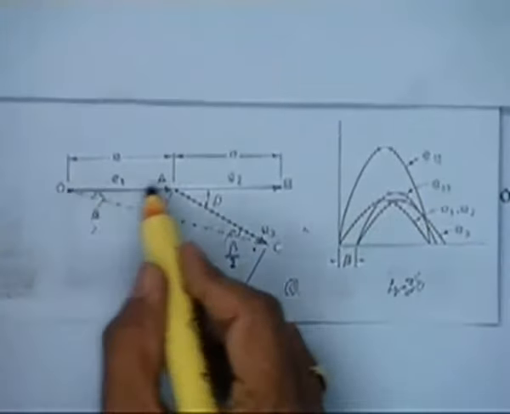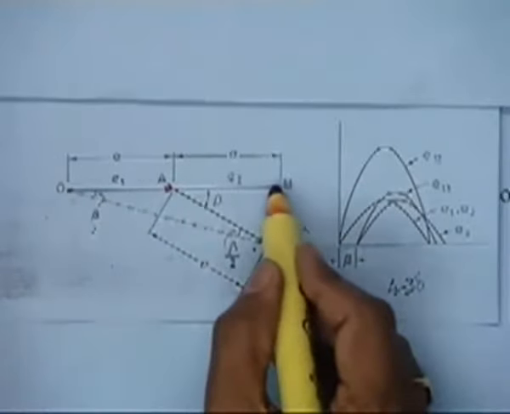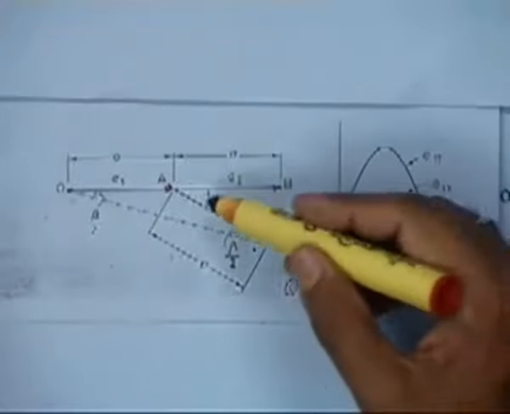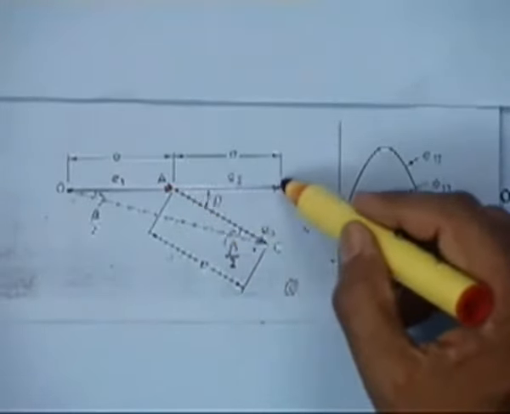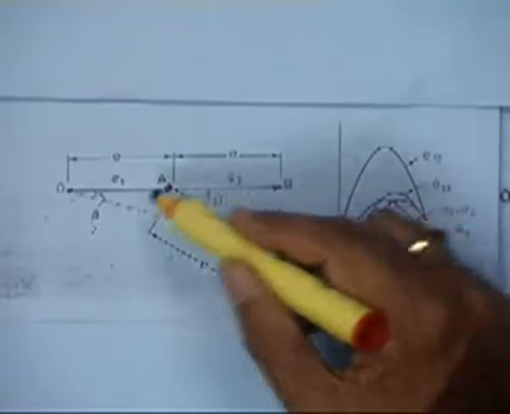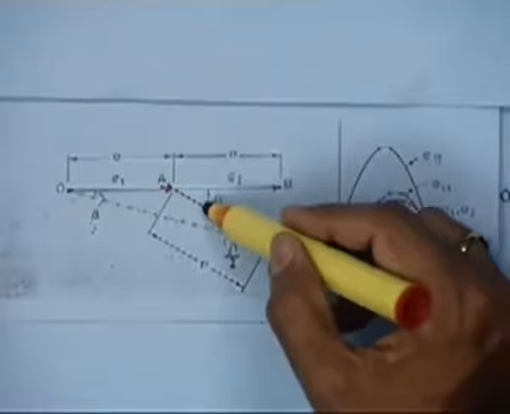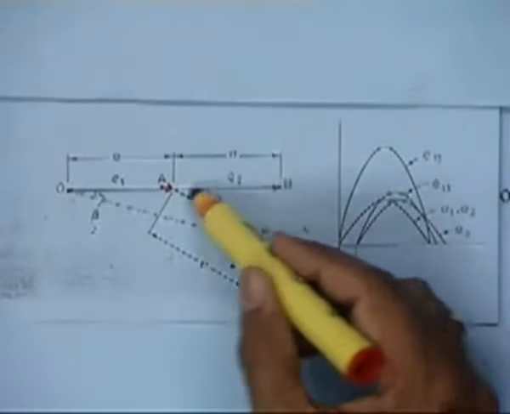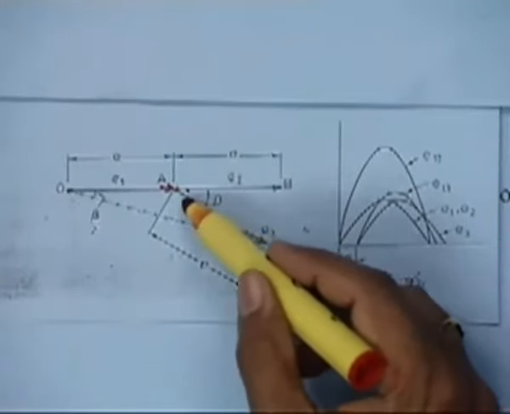In a full pitch coil, if this is E, the other one is also in the same phase, so the total voltage E12 will be twice E. Whereas in the case of the short pitch coil, the second coil side will not be in the same phase as the first coil side. It will be phase shifted by an angle beta. So E3 will no doubt have the same phasor magnitude, but they will be phase shifted.